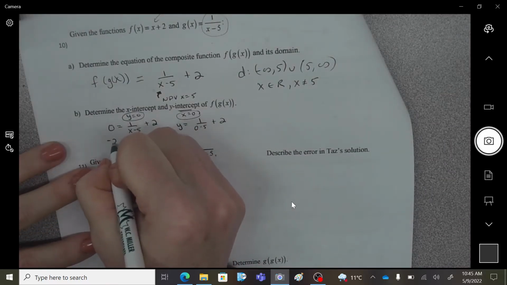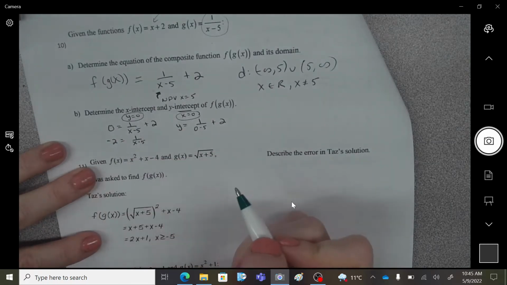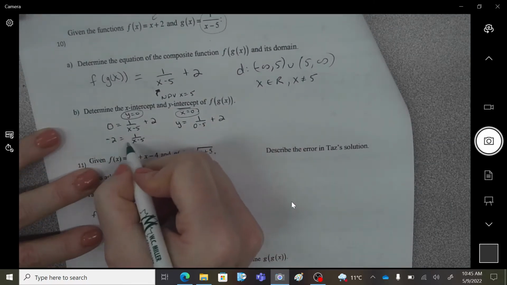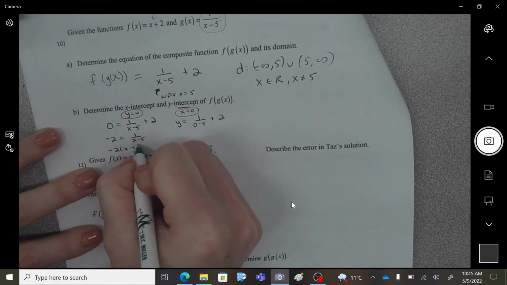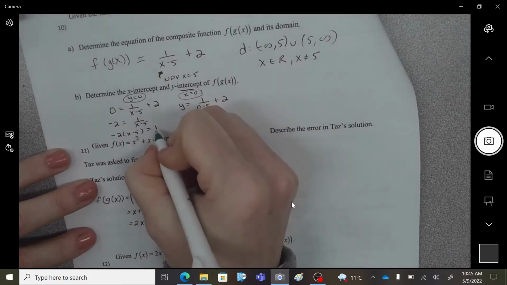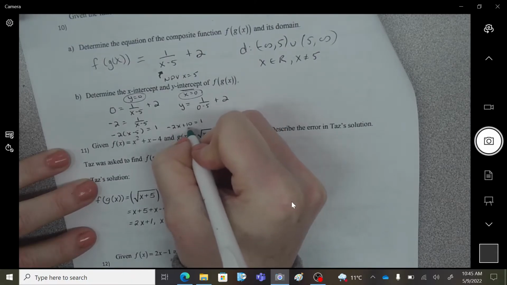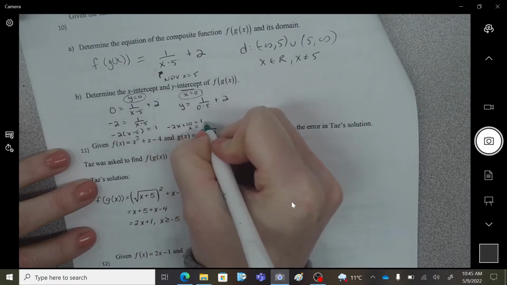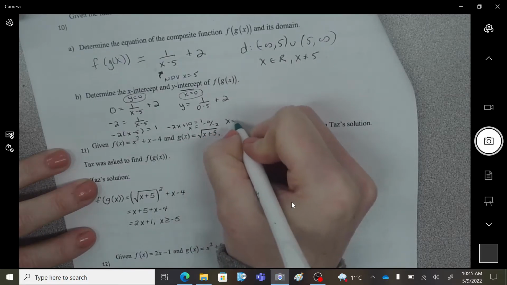Okay, so negative 2. Now I'm going to times both sides by x minus 5. Now negative 2x plus 10 equals 1. So x equals negative 9 over negative 2, or 9 over 2.